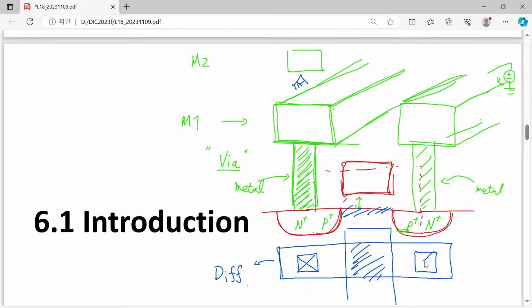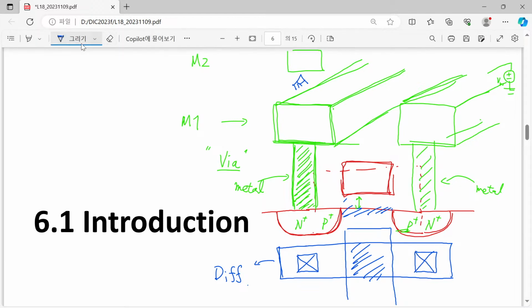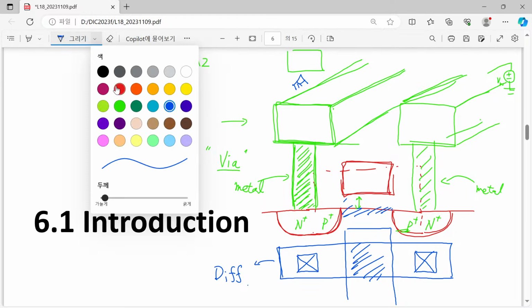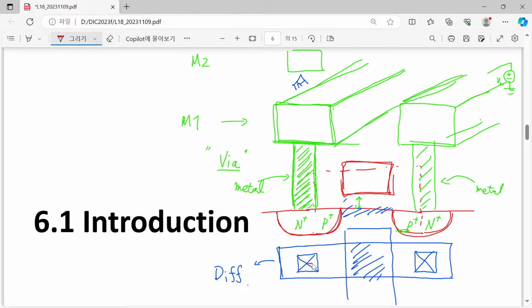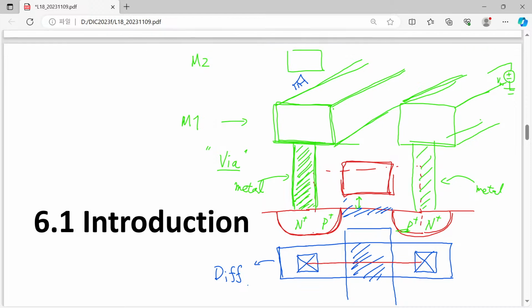Actually, we can consider the distance between these two contacts, the minimum size you can achieve for a given technology. This is important to consider for the minimum size of your transistor.